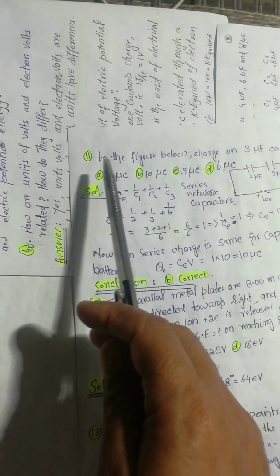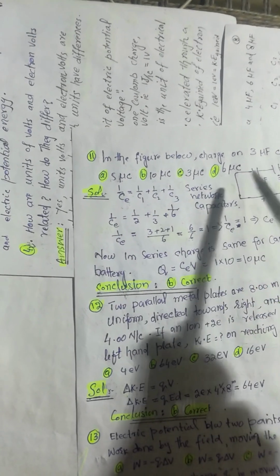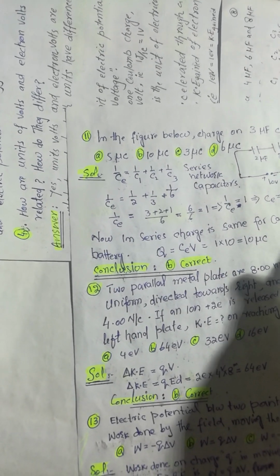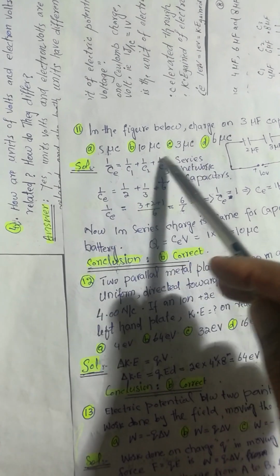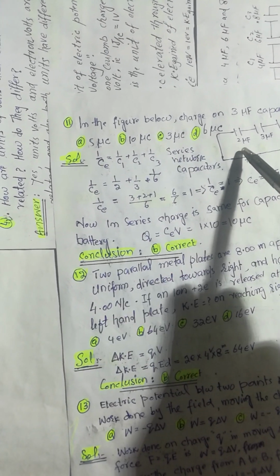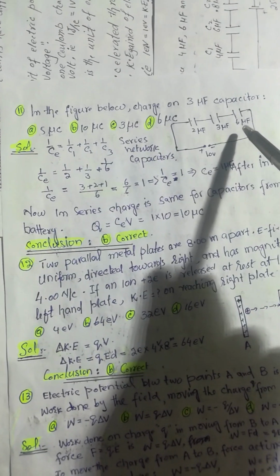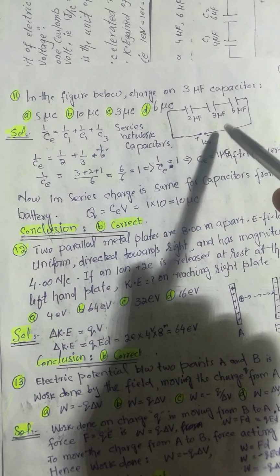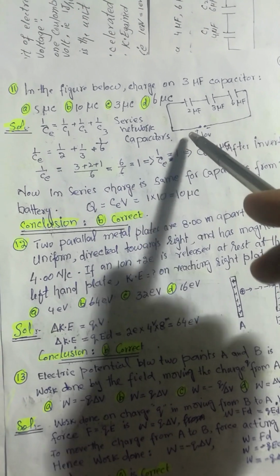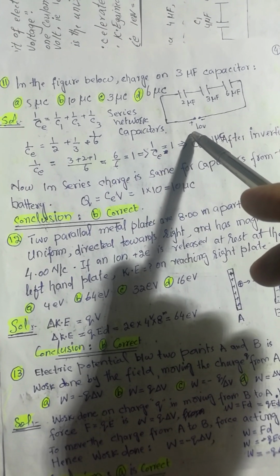Thus, option A is correct. Question number 11. In the figure below, the charge on the 3 microfarad capacitor is to be determined. Four options are given. Now see the figure. The 3 capacitors are connected in series with an external battery of 10 volts.